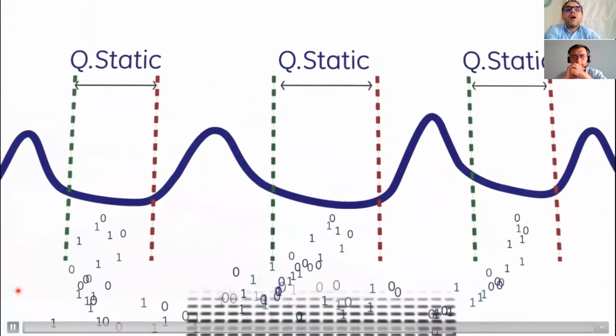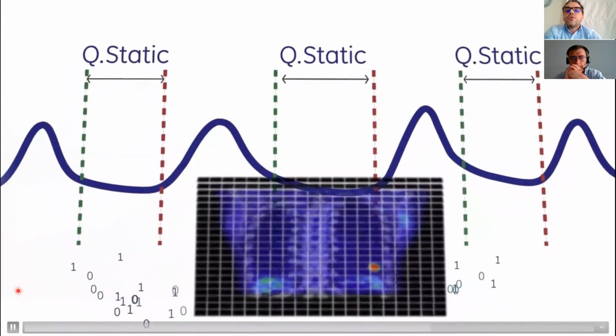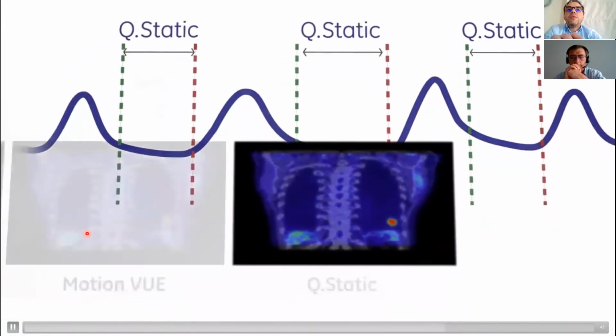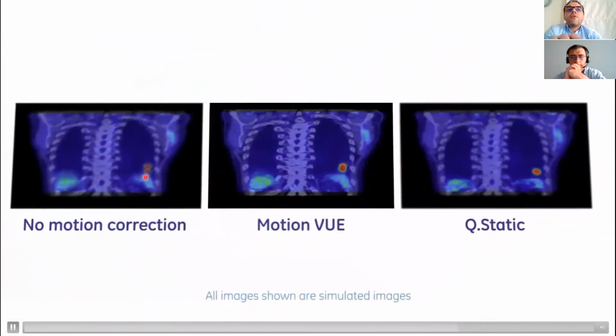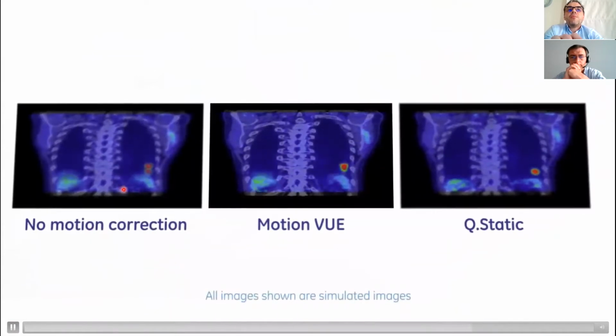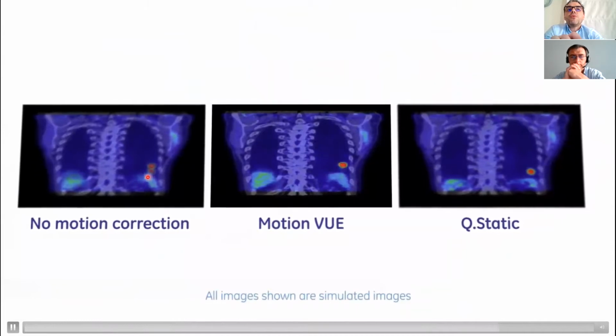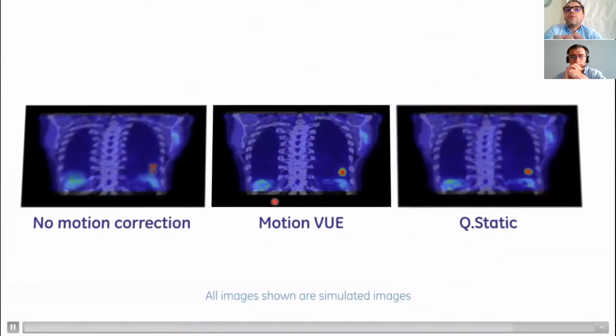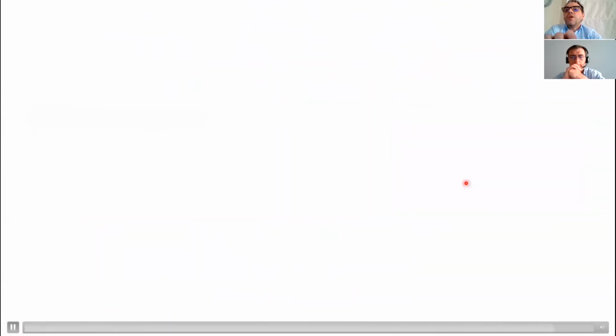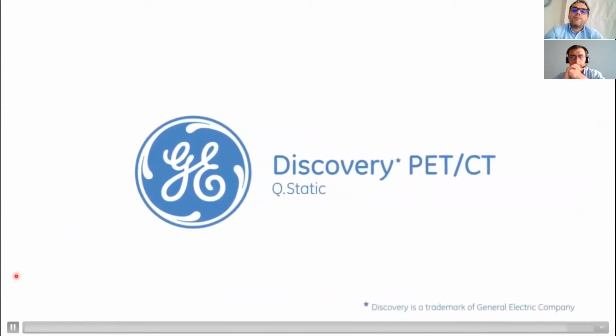So here you can see how the Q-static image is built, and on the left there is the image without any motion correction technique applied, so the lesion is very blurred. We have the motion view, the 4D video, let's say, of the lesion and the Q-static corrected image.